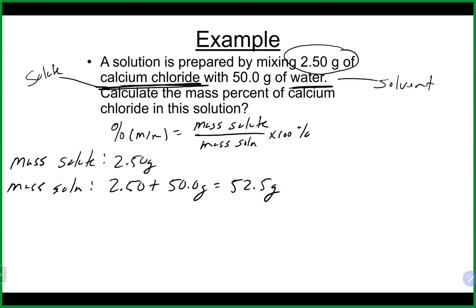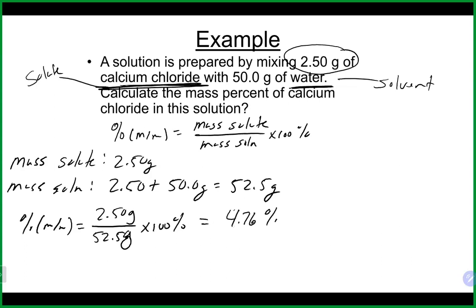You've got to make sure you get both. At that point, we have everything that we need. Our percent mass to mass would be 2.50 grams divided by 52.5 grams times 100% in this case, and we will end up with 4.76% M/M, and you could put calcium chloride as the label.